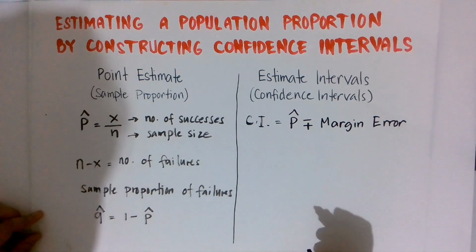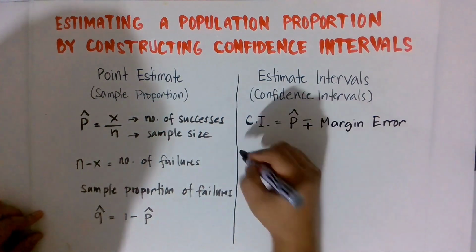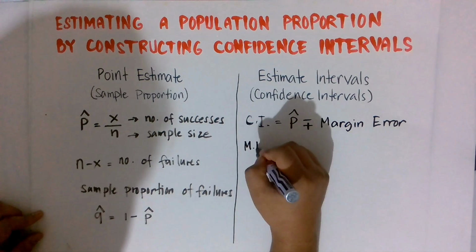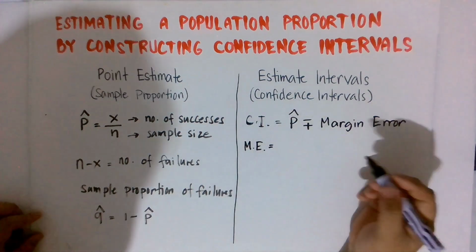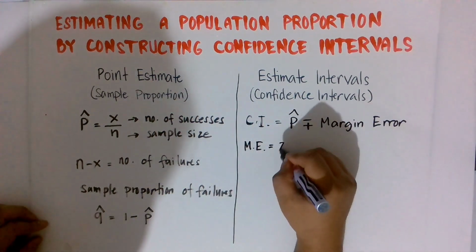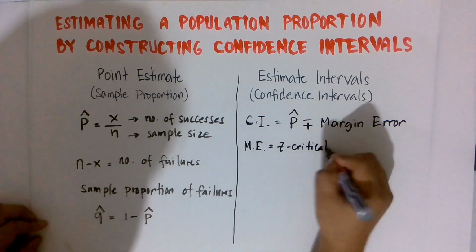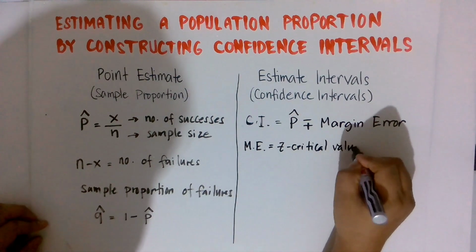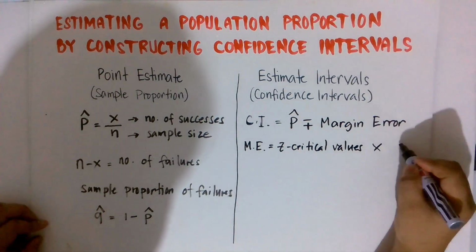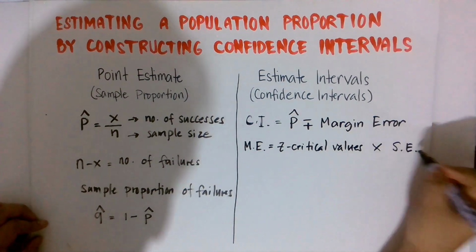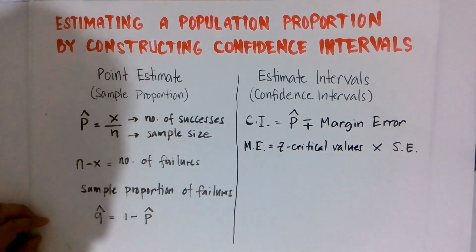Now, what is margin error? Okay, margin error is actually the product of Z critical values and the standard error. Okay, so unahin muna natin siguro yung standard error.